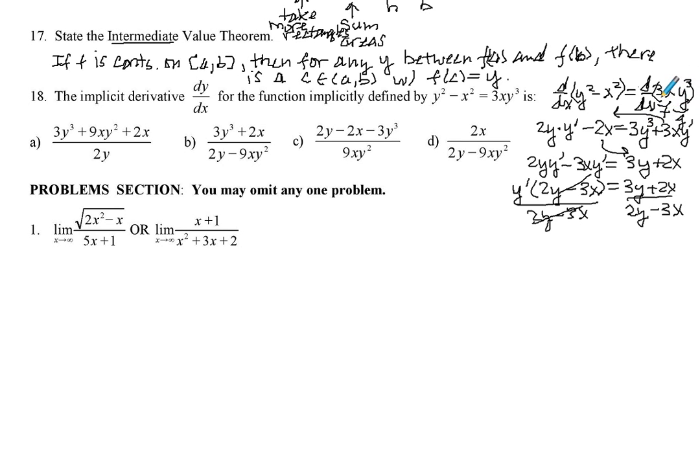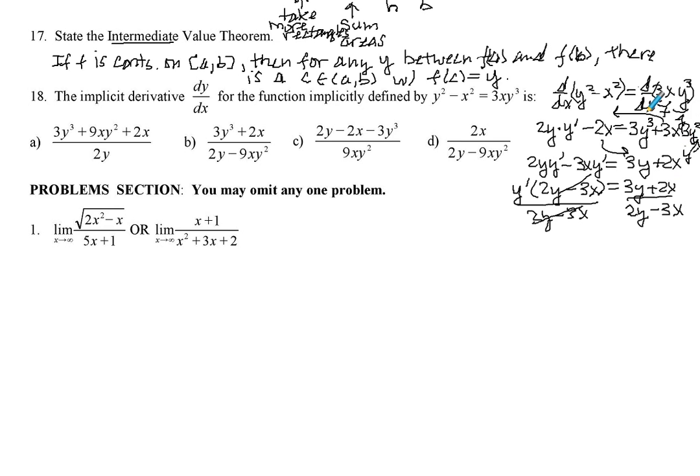And then f is 3x, that's okay, but then the derivative of g, the derivative of y cubed, is going to be 3y squared y prime. Okay, so this is going to change to 3y squared y prime. 3y squared, and then y prime.